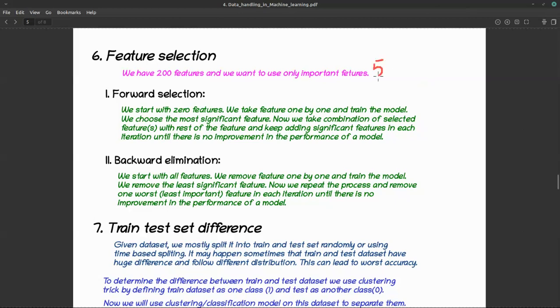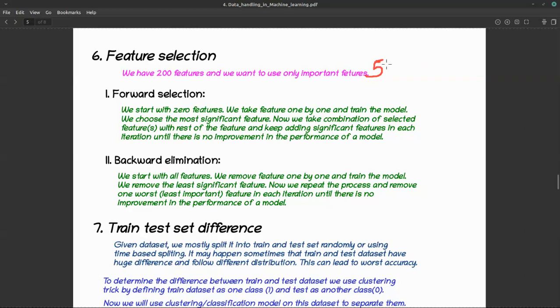Let's say feature number 5 has the highest impact on y. Then I take combinations with 5: 5 and 1, 5 and 2, 5 and 3, 5 and 4, 5 and 6. Not 5 and 5, correct?